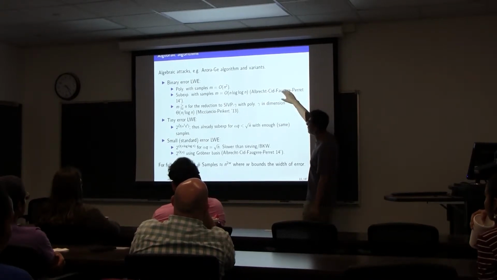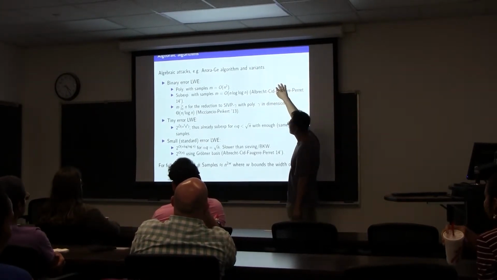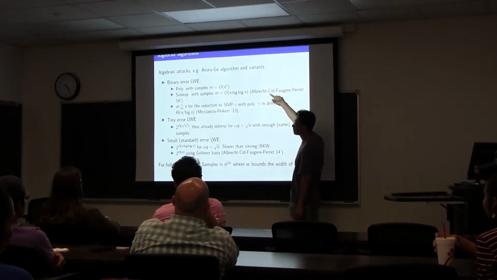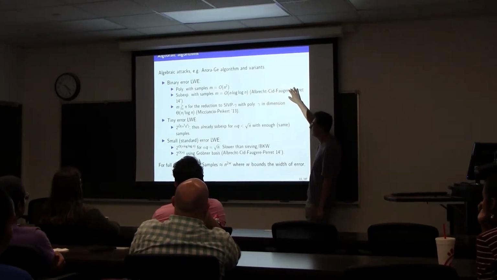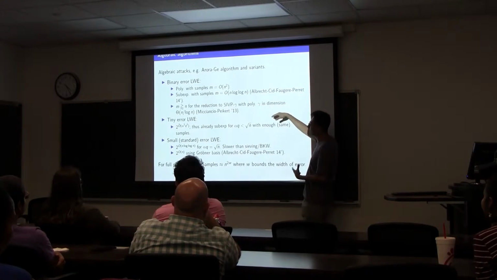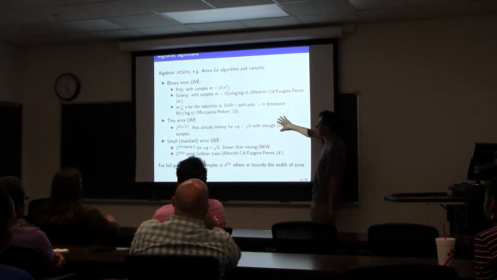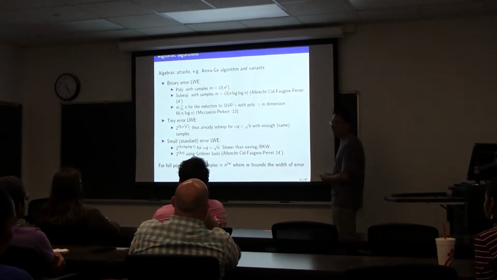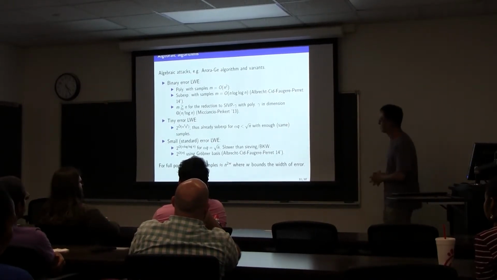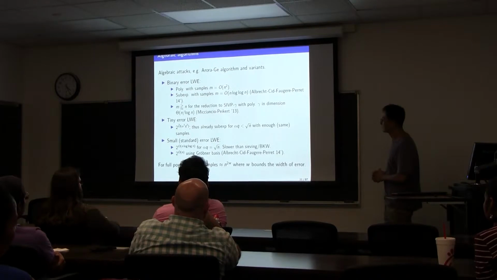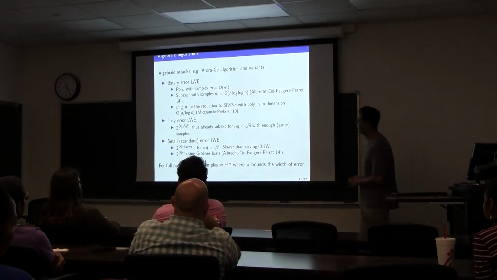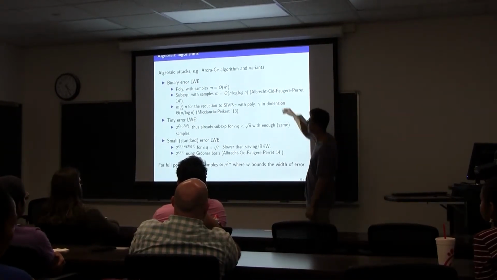It looks scary because if I allow more samples than quadratic, then the problem becomes polynomial time. So then we try to increase the error a little bit, maybe more than binary, to see what's the current state of the art. In fact, there's an interpolation using these algebraic attacks.